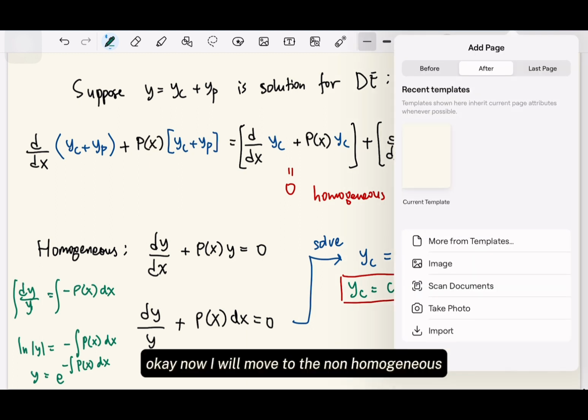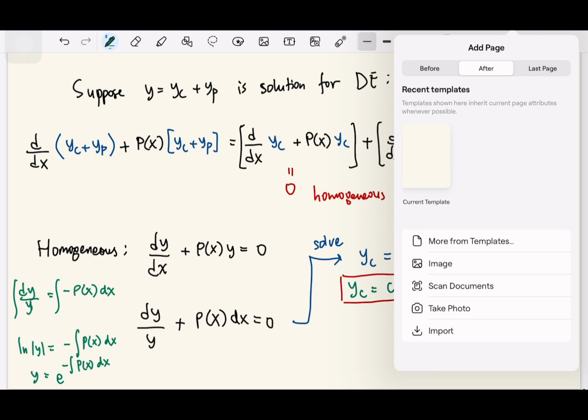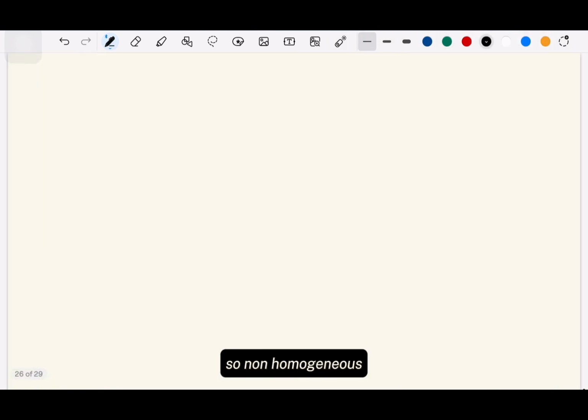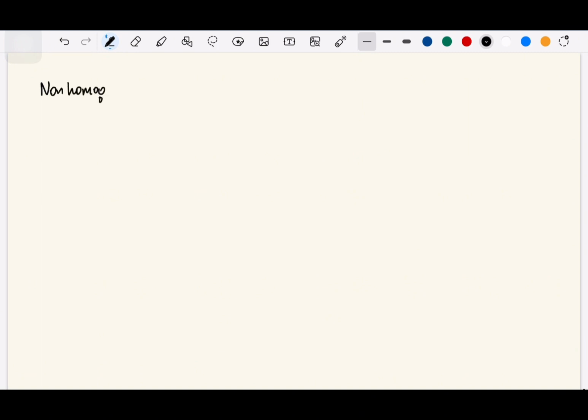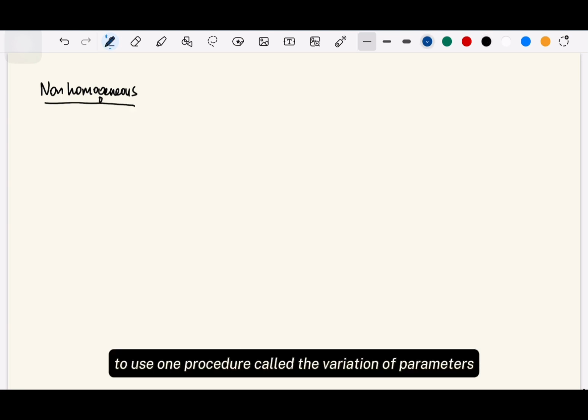Okay, now I will move to the non-homogeneous, and then we are going to combine at the end. For the non-homogeneous, we are going to use one procedure called the variation of parameters.